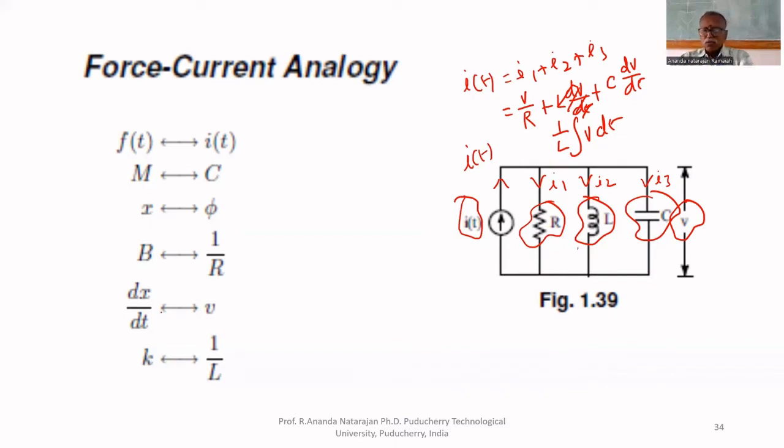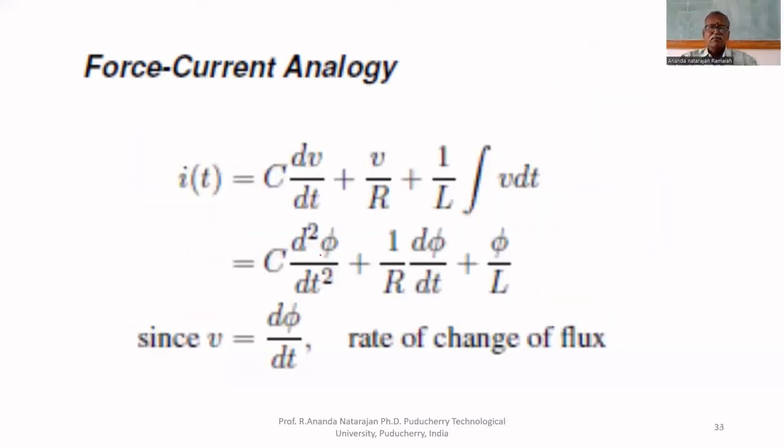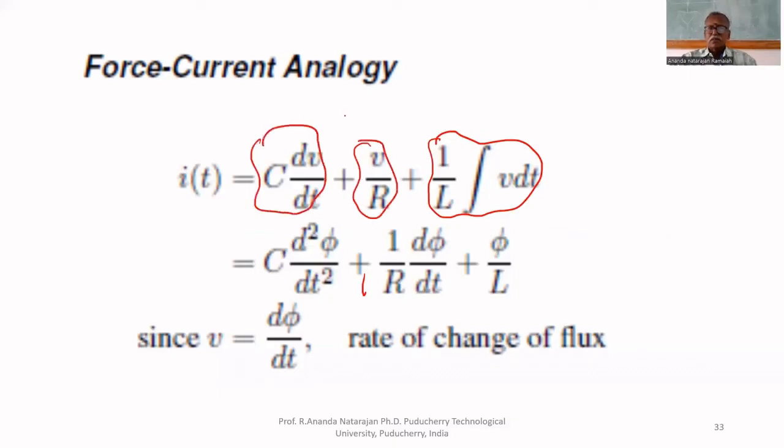So the equation is V by R plus 1 upon L integral of V dt plus C dV by dt. This one is I1, I2, and I3. Total current is I. Always it remains the same for a current source.